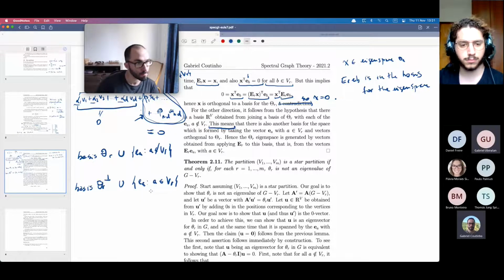In the first part, they are orthogonal. So when you take the orthogonal basis of theta r orthogonal, it becomes the thing that was on the top.